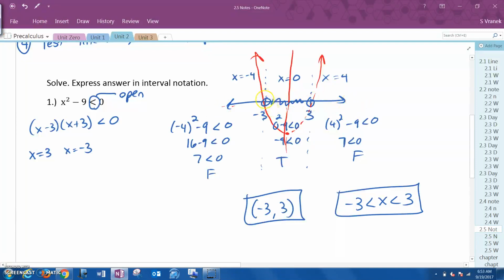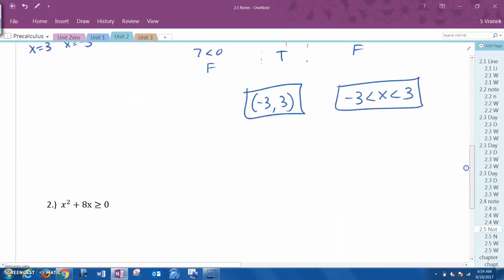Well, sure enough, if you look at the graph, between these 2 dots, that's when the graph is below. So we were correct in finding that spot. If you ever want to check, you should know if the parabola is opening up or down. This is opening up, which means the bottom part is between here, where the top parts are going to be on the outsides. So you can look at it graphically as well.